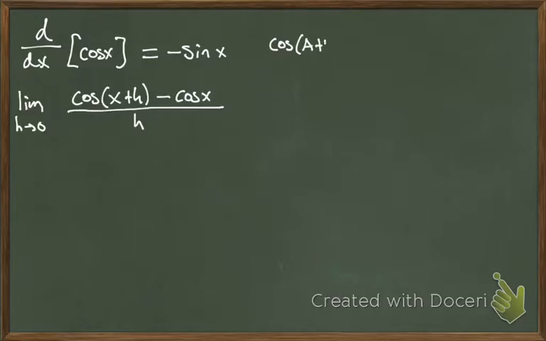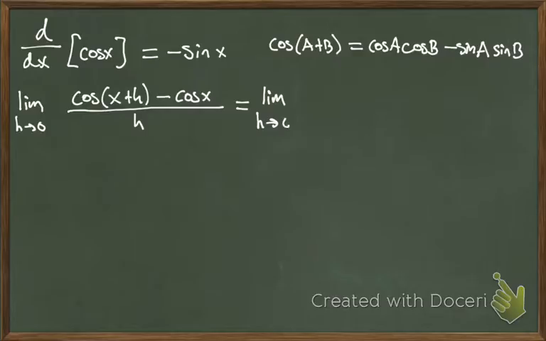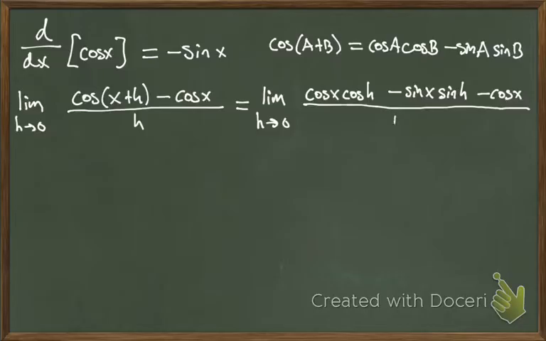Cosine of a plus b will be equal to the cosine of a, the cosine of b, minus the sine of a, the sine of b. And again, you would have gotten this in pre-cal or trig. So we're going to go ahead and rewrite that as cosine of x, cosine of h, minus sine of x, sine of h, minus the cosine of x all over h.